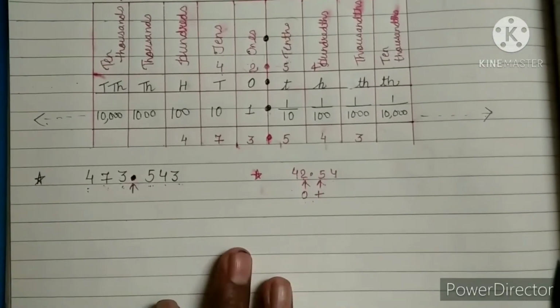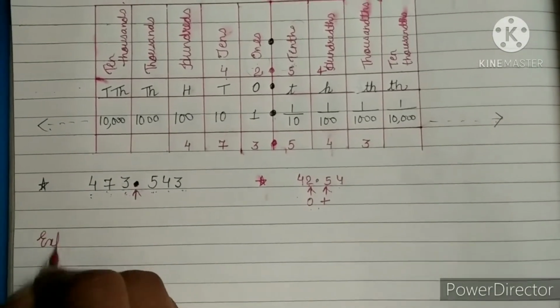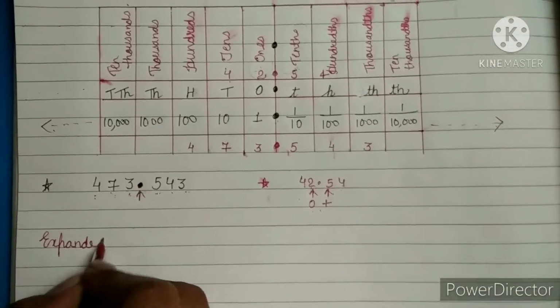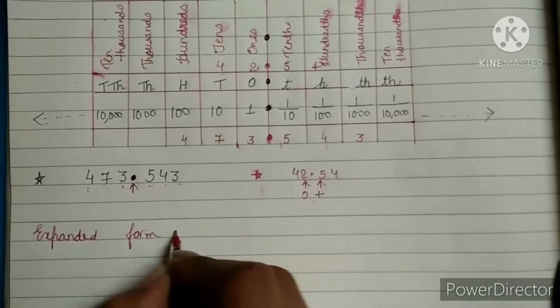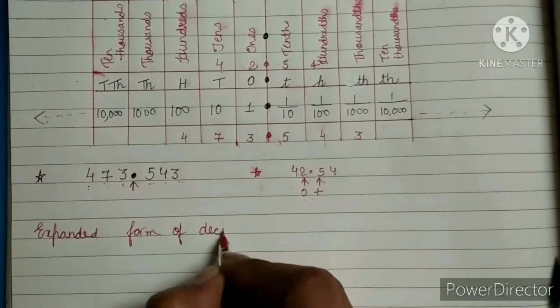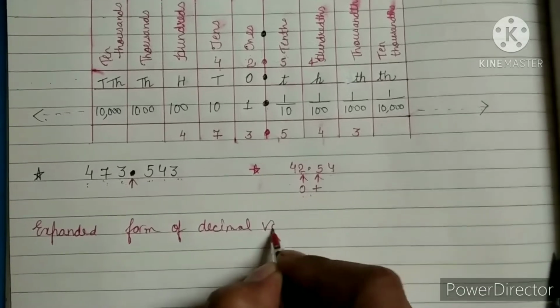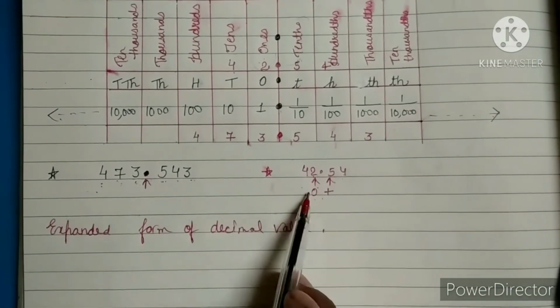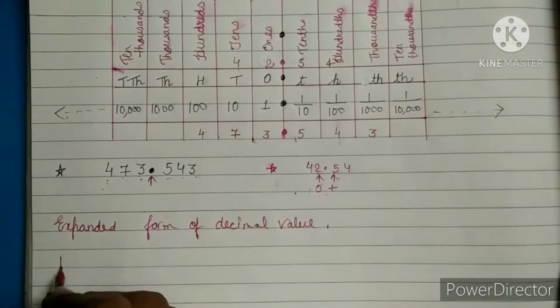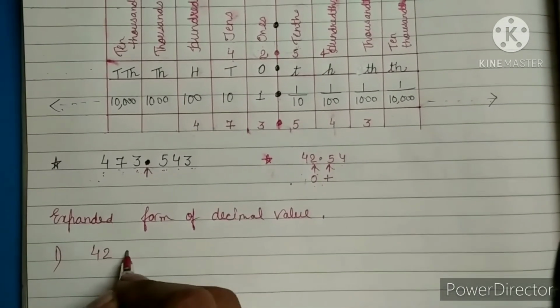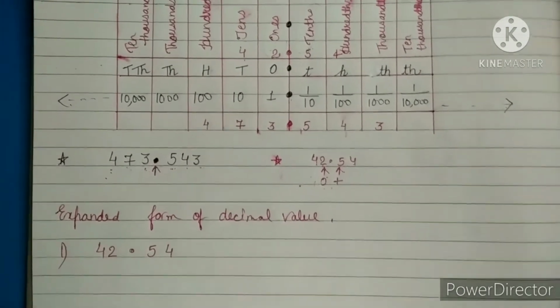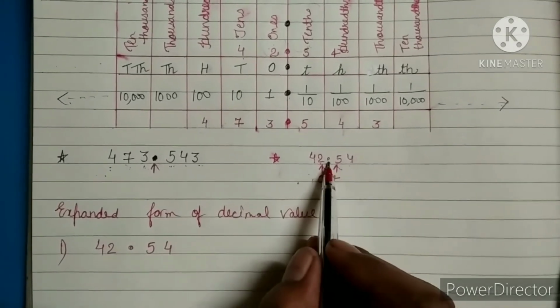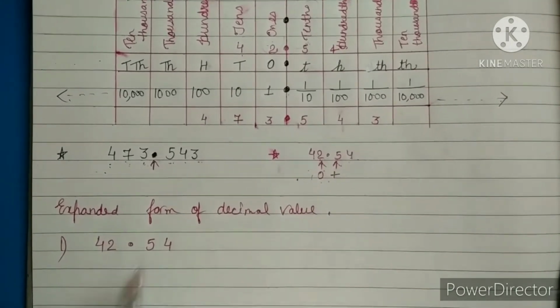We can also write, the new topic is the expanded form of decimal values. We can take these two examples as they are. First is 42.54.